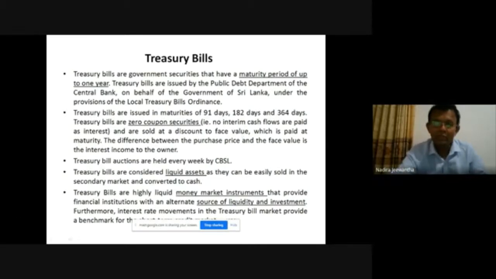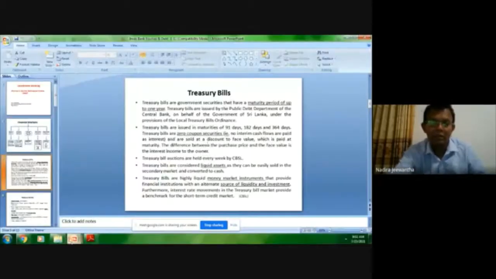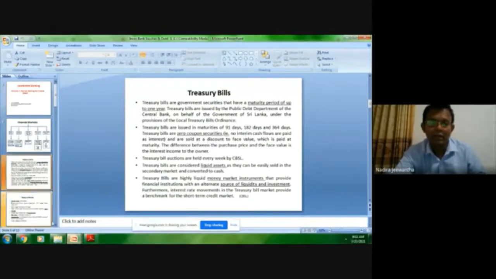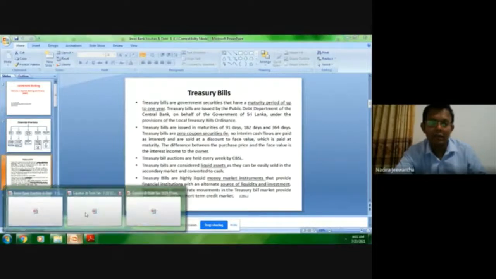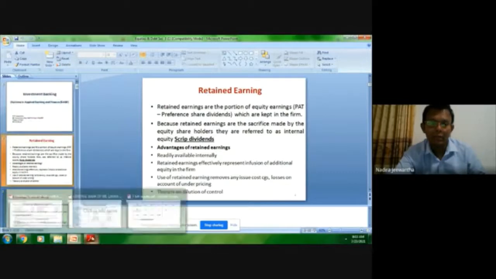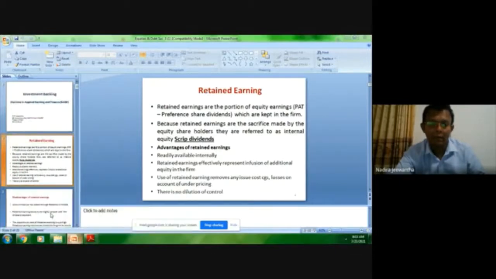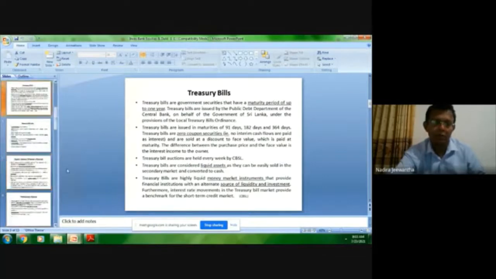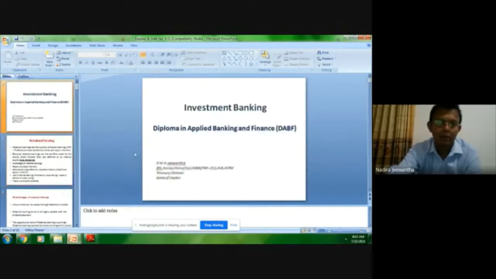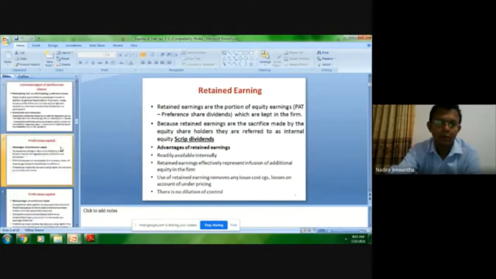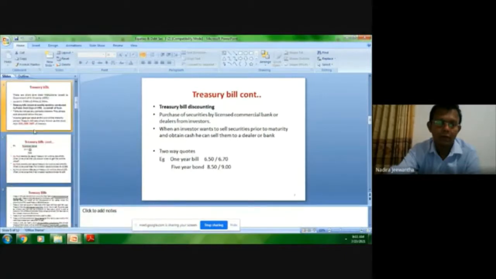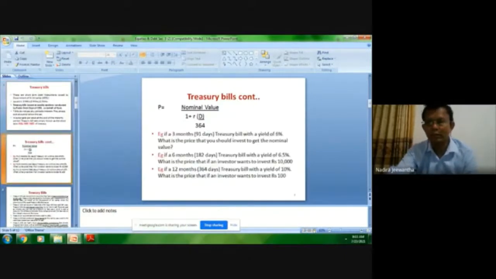By using what? By using this particular formula.